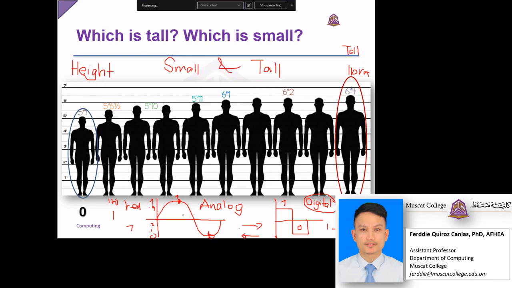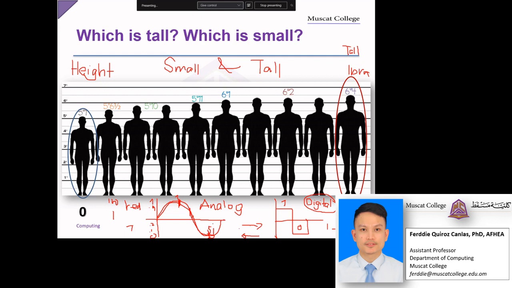So let's say, for example, to represent this value in analog, we could have 5-1, 5-6, 5-10, 5-11, 6-1, 6-2, 6-4. This could be represented in an analog format. So maybe Ibrahim is 6-4 here, and then this one is 6-2, this one is 6-1, so on and so forth until we get the smallest one, which is 5-1 here.